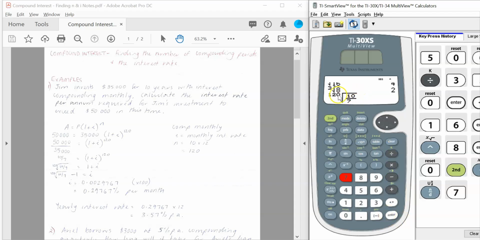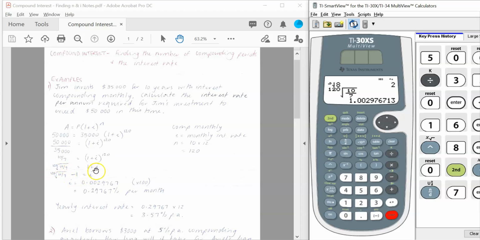We can see that it's not doing that because the 120 is small here at the top of my square root sign. When I press enter, once again I'm getting that decimal. Now if you like, you can write that decimal answer here. But I've just decided to leave the 120th root of 10 over 7 in its exact form.